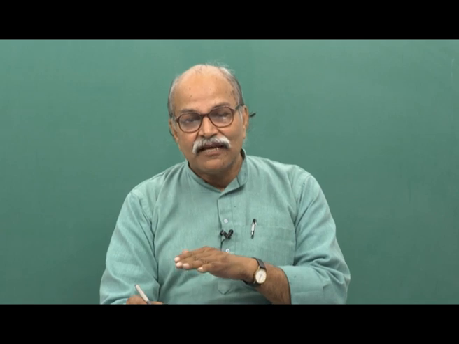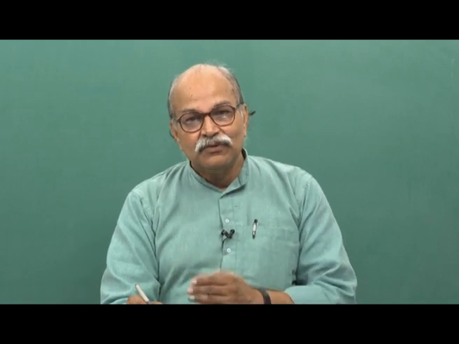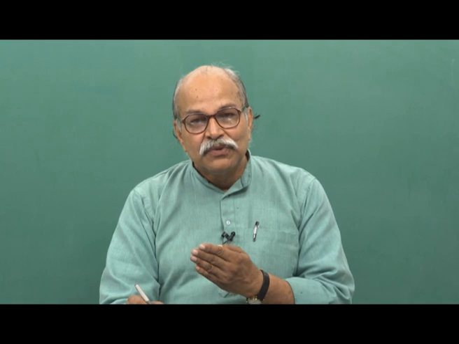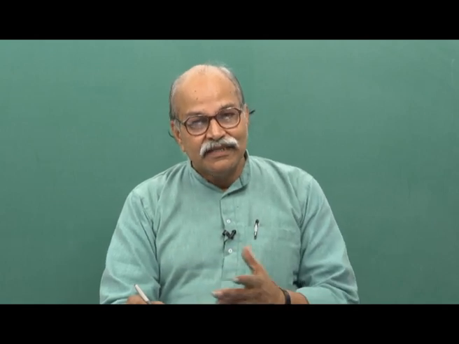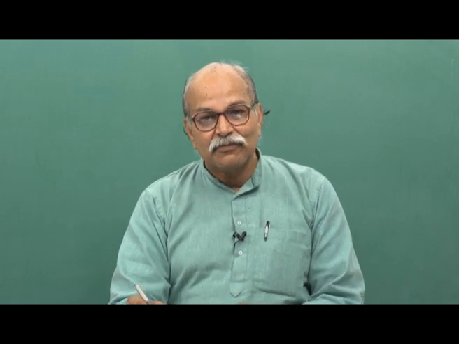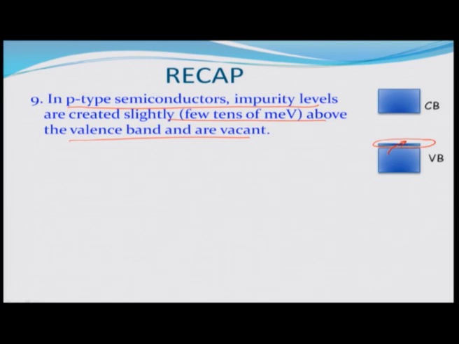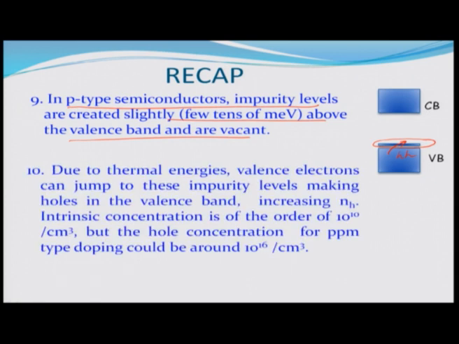If an electron has to occupy it, it needs some energy, few tens of milli electron volts of energy, and that is easy to get from thermal interactions, and that is why the valence electrons jump to these levels and you get more holes in the valence band. Okay.